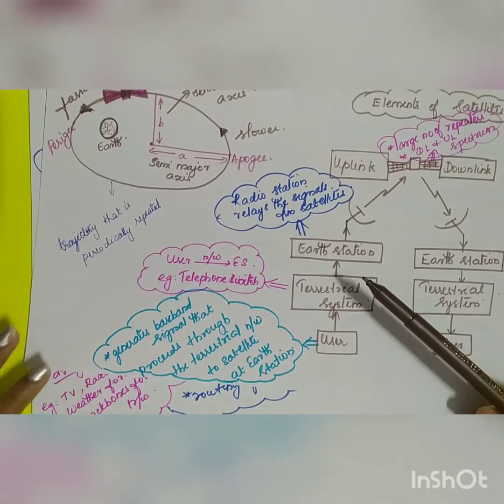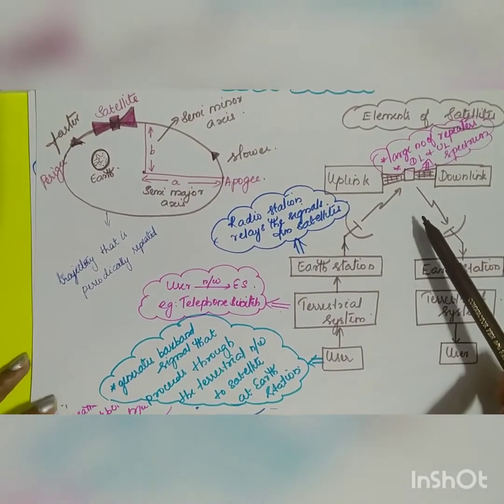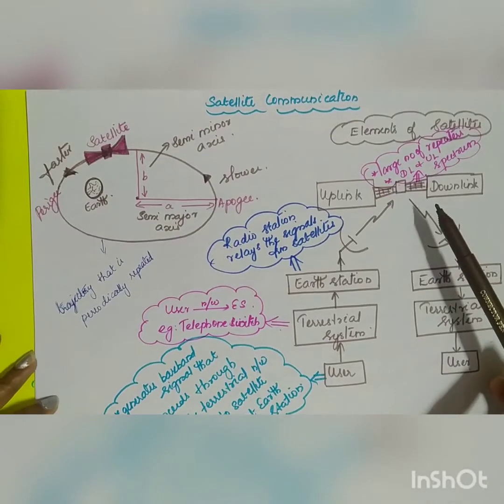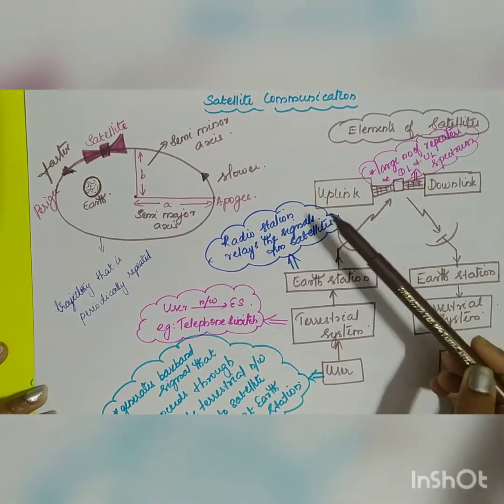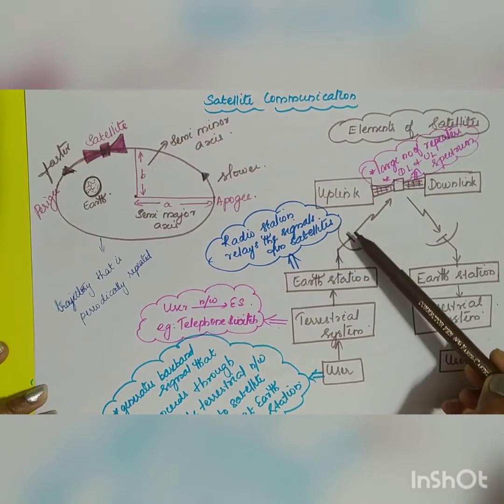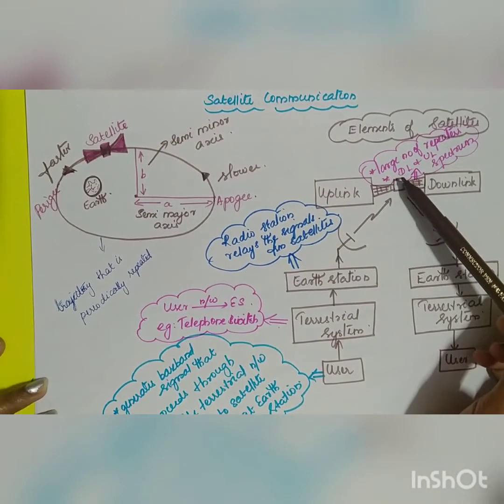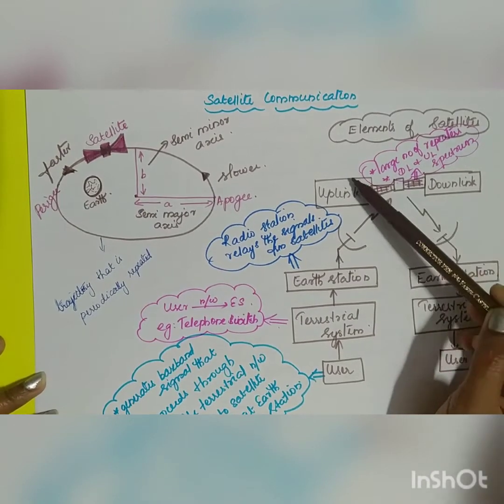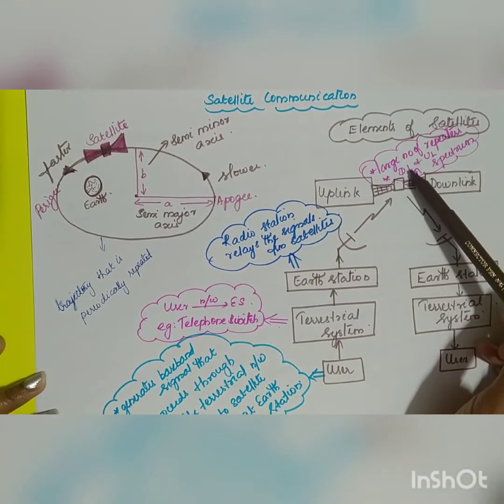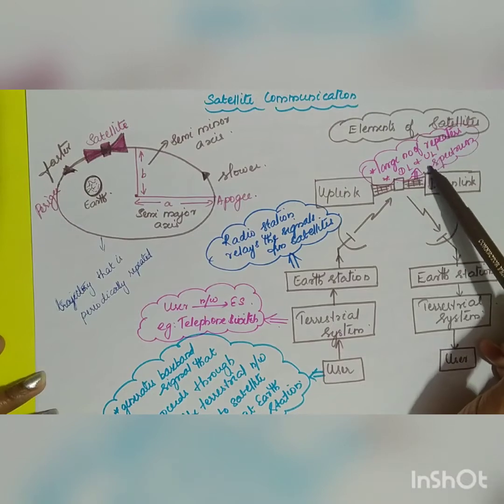What is the next section? The next section is your Earth station. Earth station is nothing but your radio station, which is used for relaying the signals from the satellite. The satellite gets the signal by means of your uplink. For uplink and downlink there are two different streams.